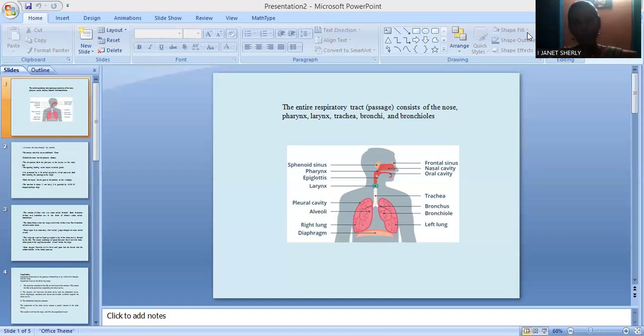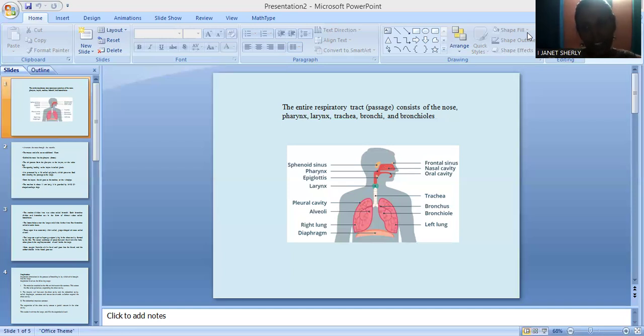The larynx can also be called a voice box, and next to the larynx we have the trachea. You could see some fine lines on the trachea. We call those cartilage rings.